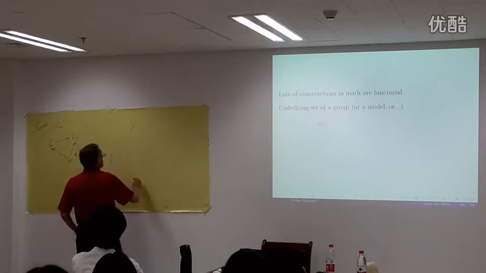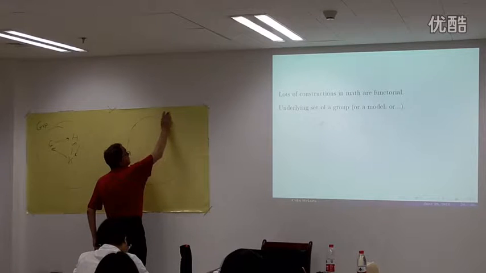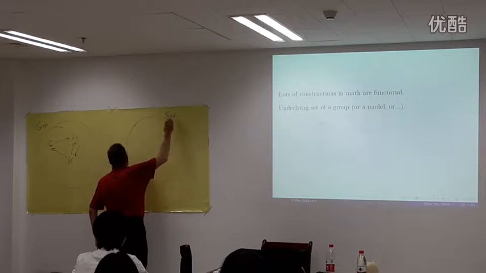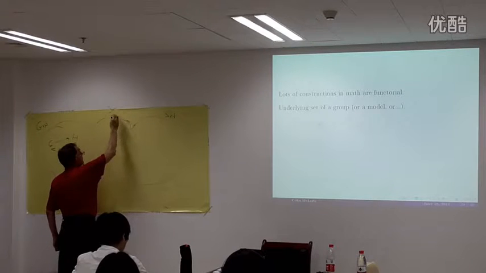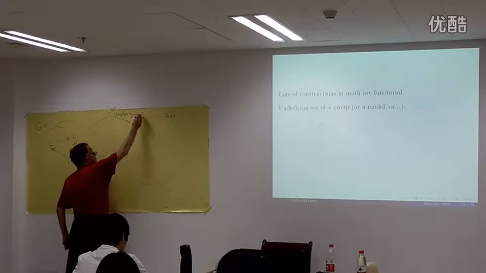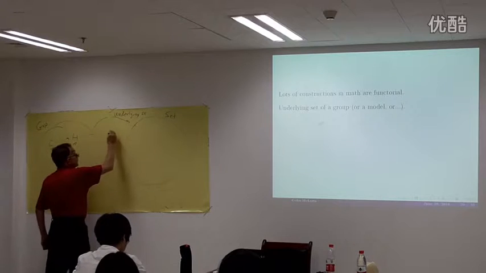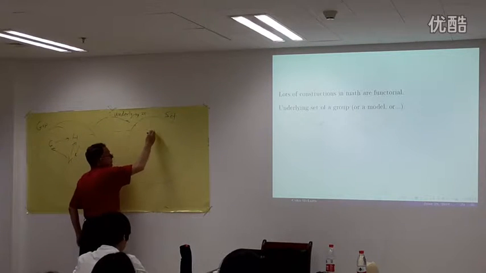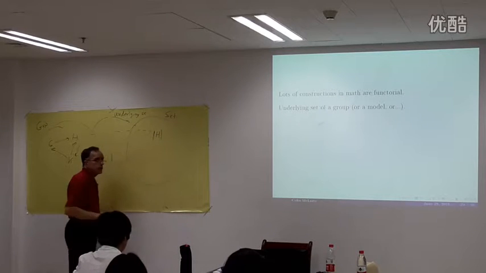There is the category of sets. And there's an underlying set functor. It takes H, what I'm going to write this way, the set of elements of H. Those are supposed to look like absolute value signs.